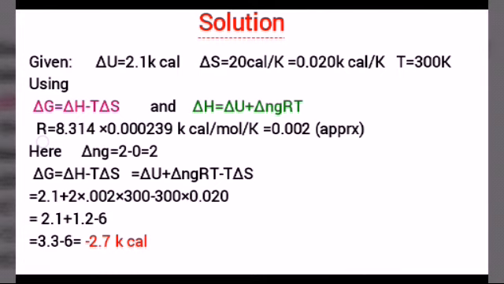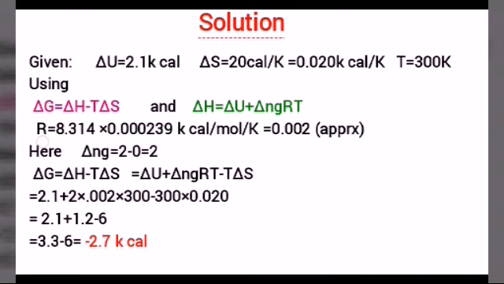And again we have to use the value of R, that is equal to 0.002 kilocalorie per mole per Kelvin. Remember this value. Then we have to find out the value of delta Ng, that is the change in number of gaseous moles. In the equation given, the change in number of gaseous moles is 2 minus 0, that is equal to 2. There are 2 gaseous products and 0 gaseous reactants.